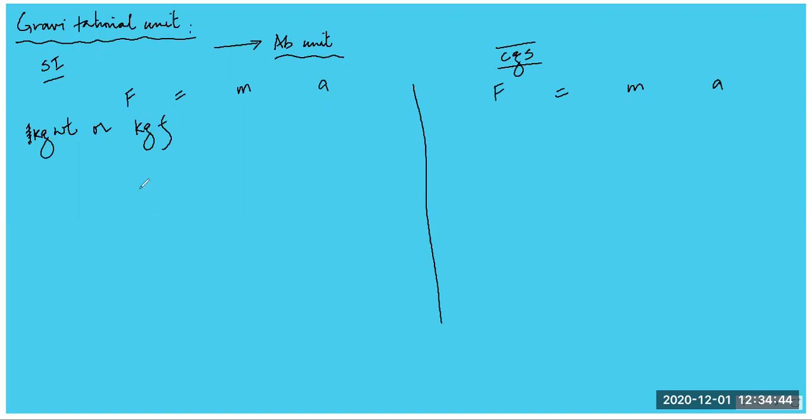Once again, the gravitational unit of force in the SI system is kilogram weight or kilogram force. Now, the definition of 1 kilogram weight.